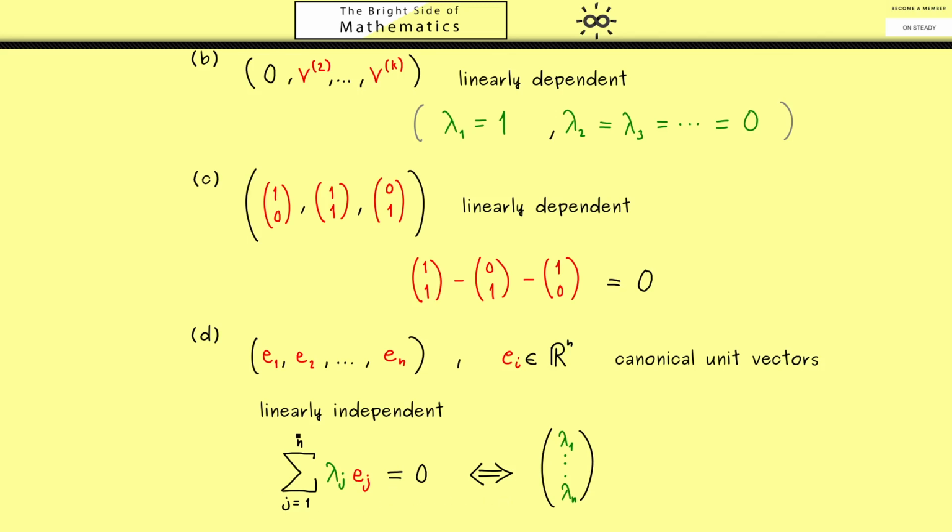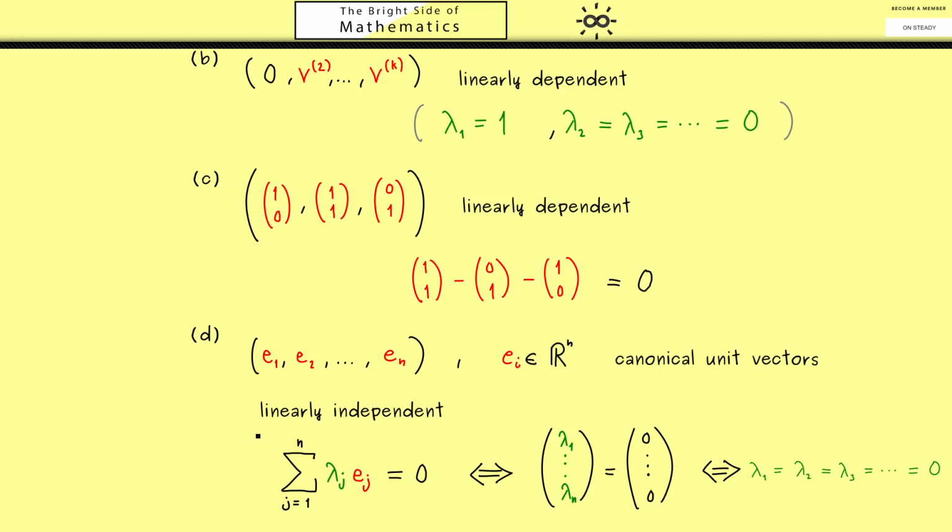More precisely, this one here is simply the vector (lambda 1, lambda 2 and so on). And now the right hand side says this is the zero vector in Rn. So you see, this is just another way of saying that all the components are 0. And now if we read this from left to right, we see this is exactly the definition of linear independence.